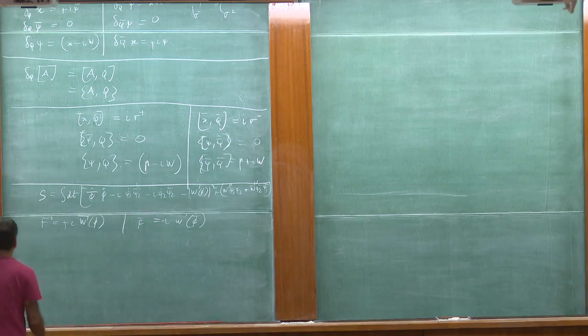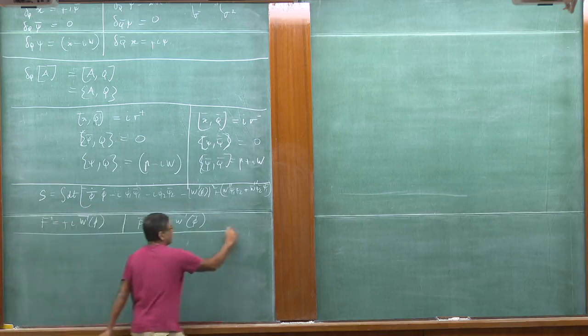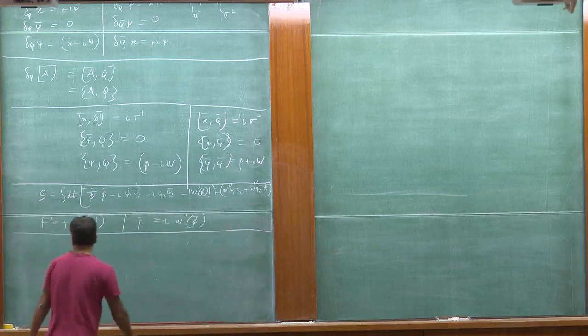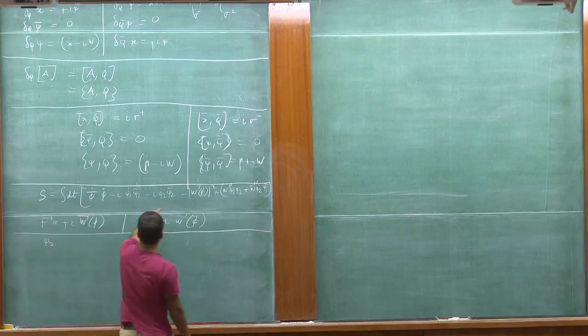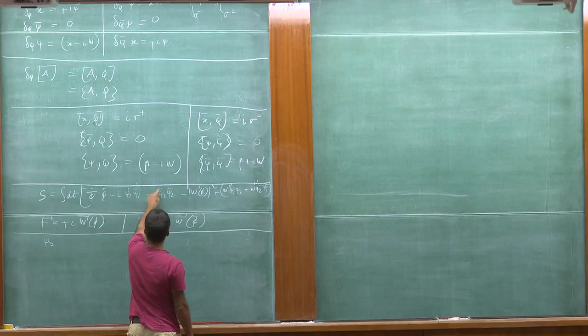Okay. Something else that I will also remind you of is the equation of motion of psi 2 that follows from this Lagrangian. The equation of motion of psi 2, so let's work this out. If we want the equation of motion for psi 2, we integrate by parts, take the dot there.